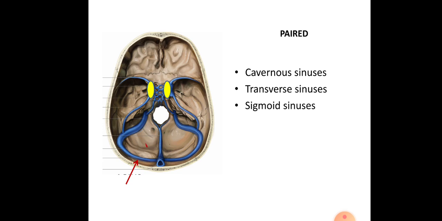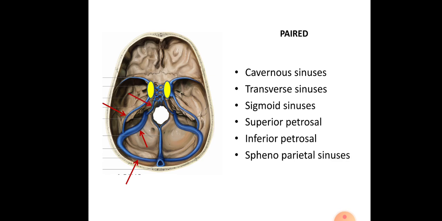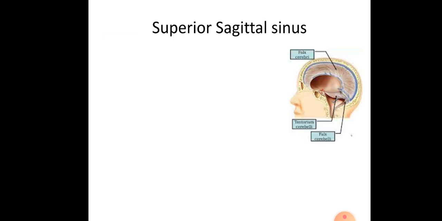Then the sigmoid sinus, because of that S-shaped curve. Then the superior petrosal sinus, because of its location along the superior border of the petrous bone. Inferior petrosal sinus. Then the sphenoparietal sinus, and there will be middle meningeal veins. All these are examples of paired venous sinuses seen on the right and left side.